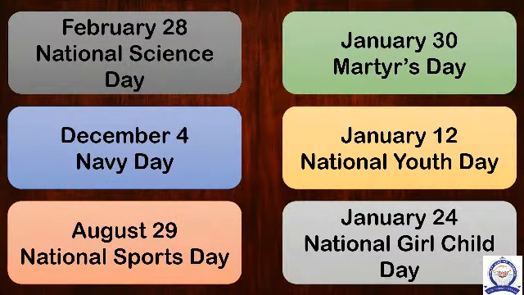Now the date and month are given. We have to find what the special day is on that date. First one, February 28, National Science Day. December 4, Navy Day.